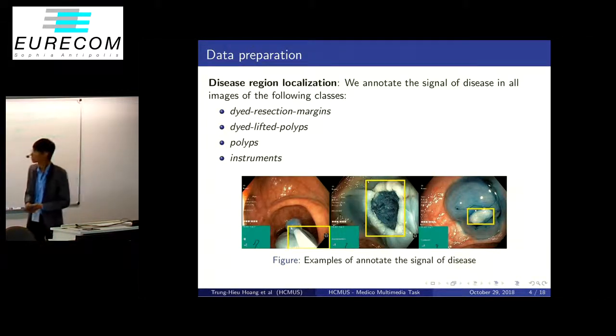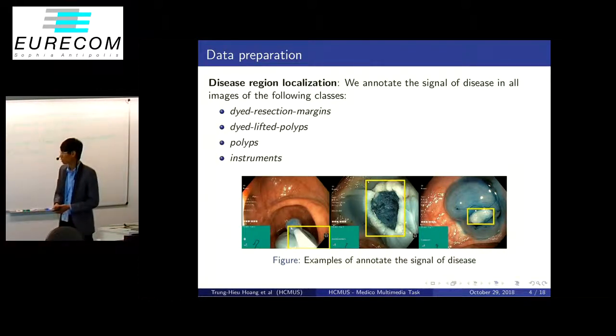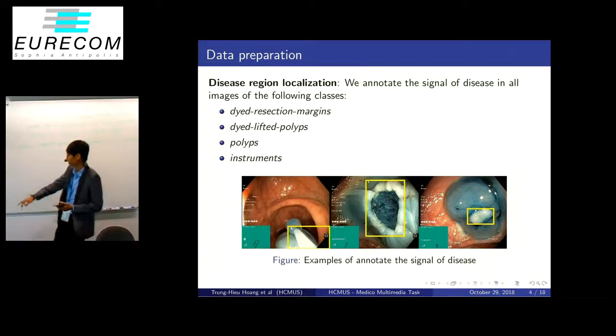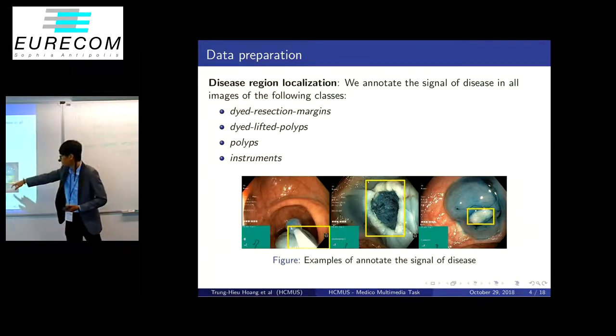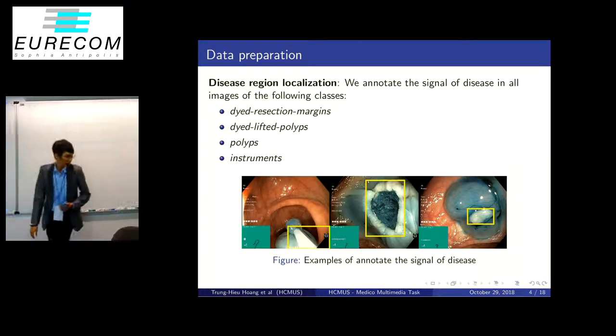We decided to choose dye resection margin, dye lifted polyps and instrument. We manually draw the bounding box around the objects. For example, here's the bounding box around the polyps, the resection margin, and the instruments.